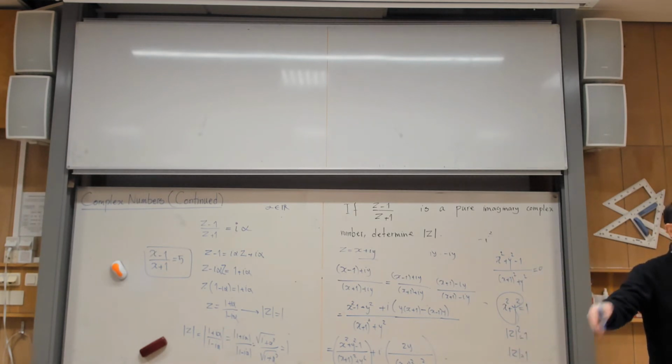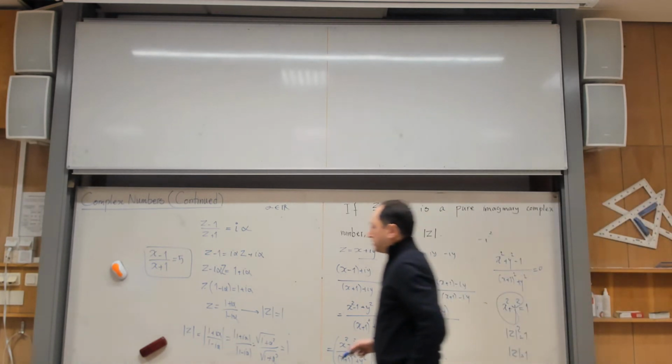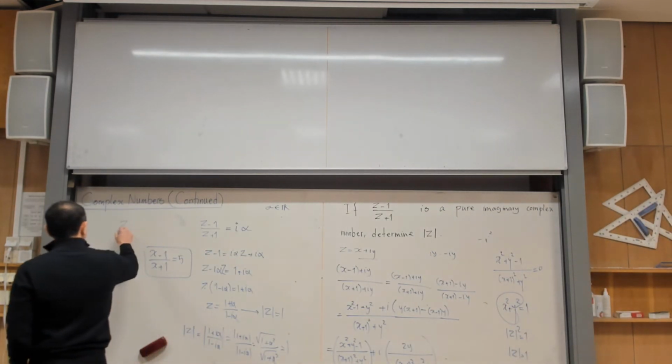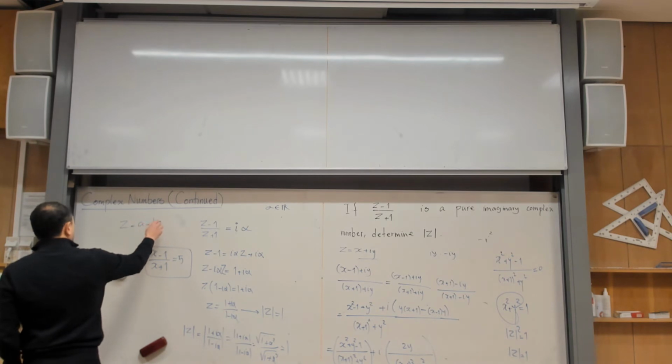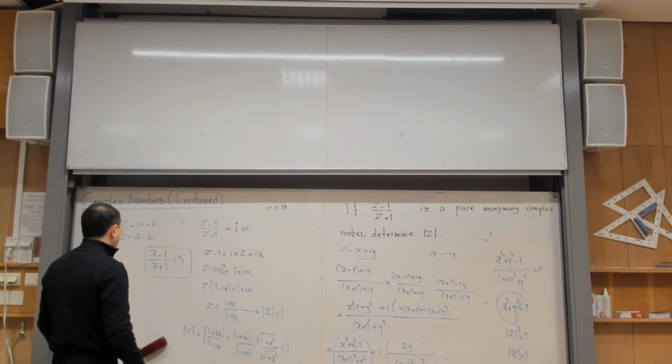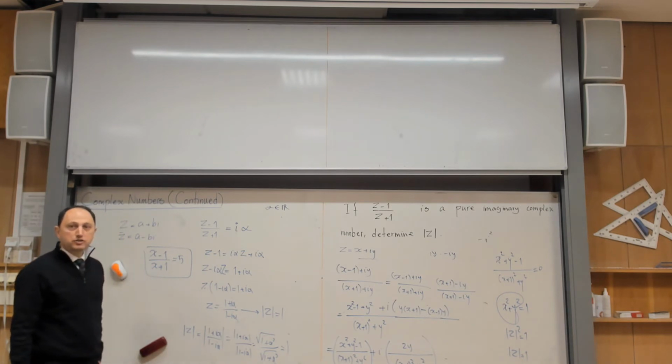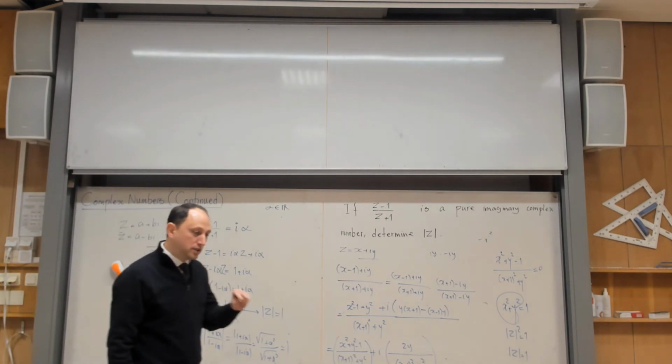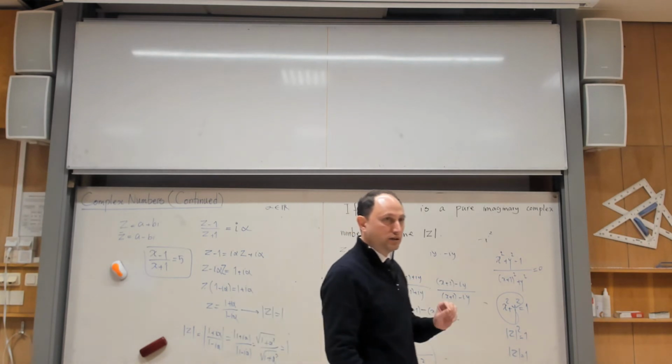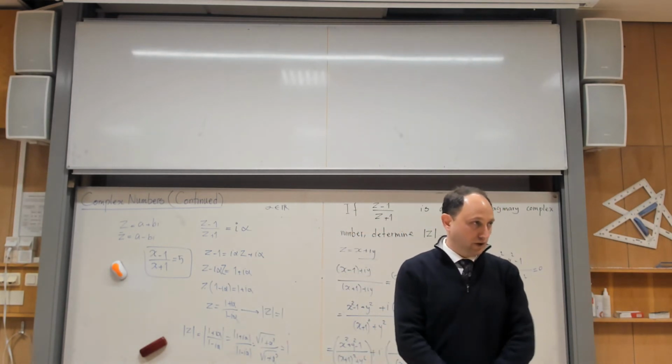Do you remember what the conjugate was? If I have z equals a plus bi, then z bar is defined to be a minus bi. But now my question is, if my starting number is a pure imaginary number, what happens if I conjugate it?